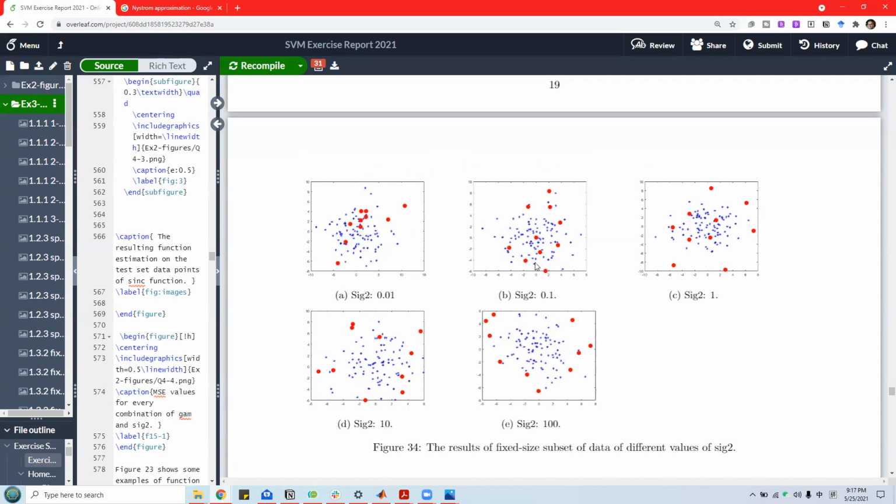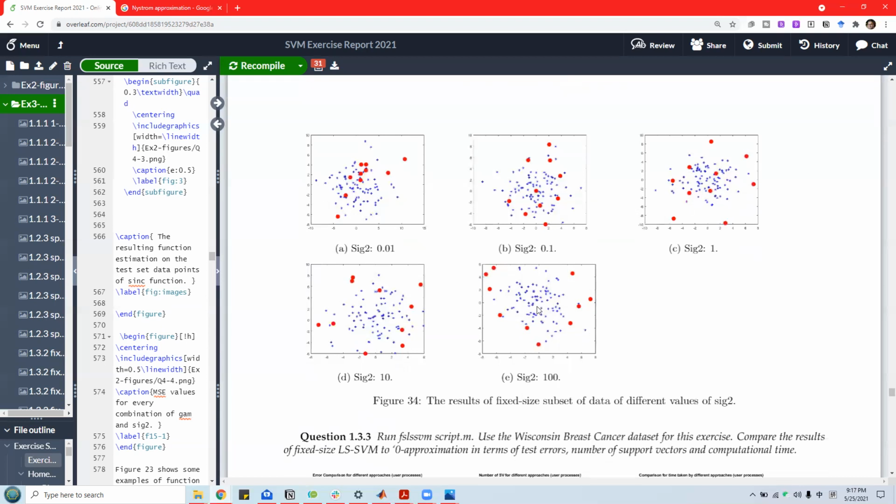But if you keep increasing it, they will try to cover more regions of this large data set. And if you keep increasing, they just go to the edges or the boundaries of the data set, the boundary of the distribution of the original data set.